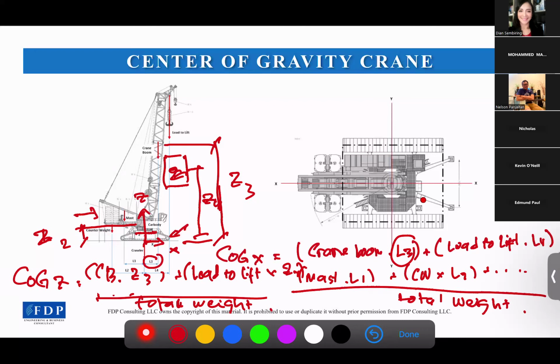It is also important to get the COG on the plan view here. Let's say the boom is toward this way, then we will use COGY.